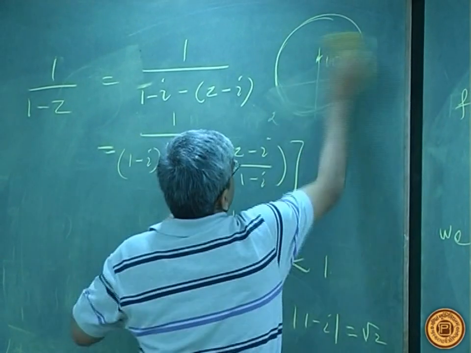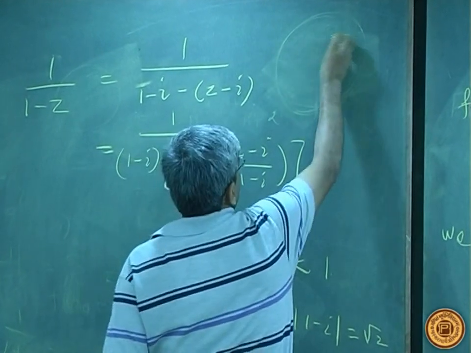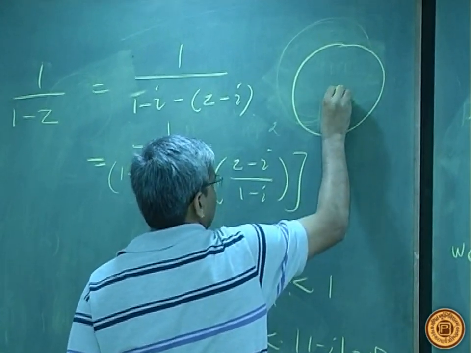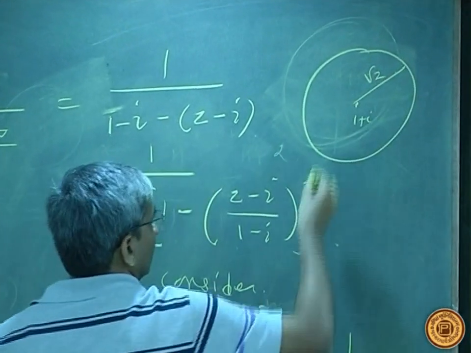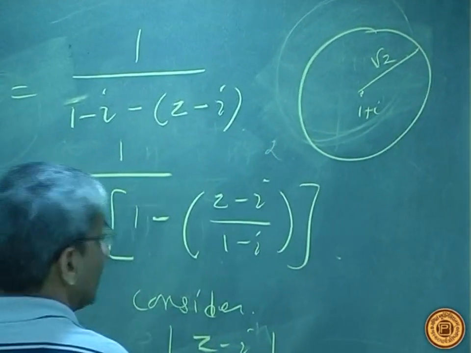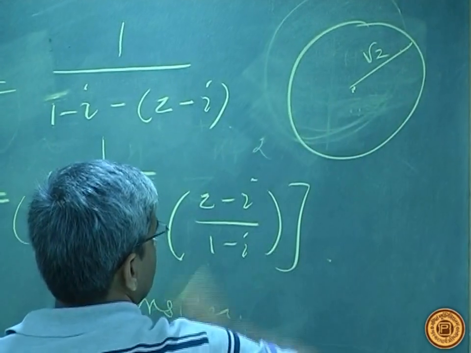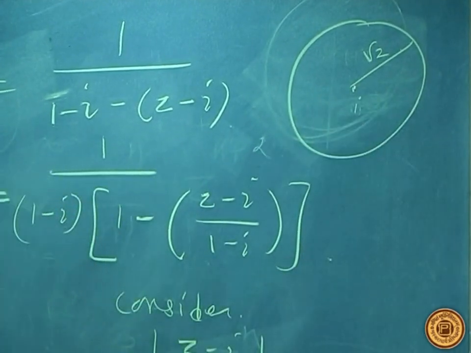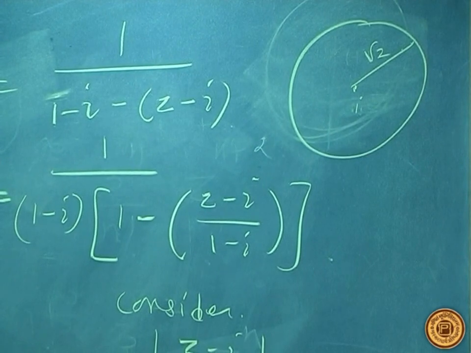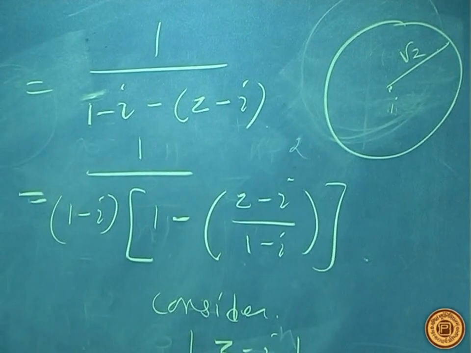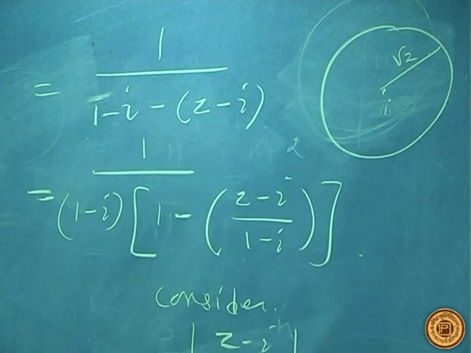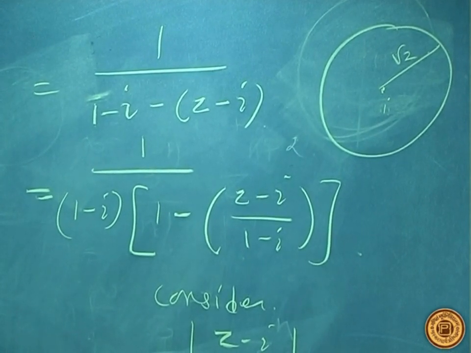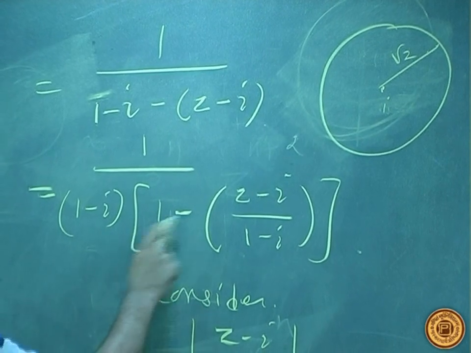Let me draw the circle first. This is 1 plus i, and this is root 2, wherever it is placed. This is i. Mod z minus i less than root 2.